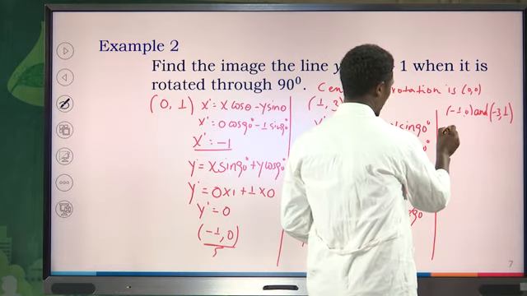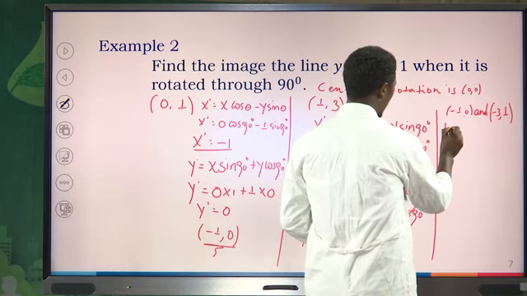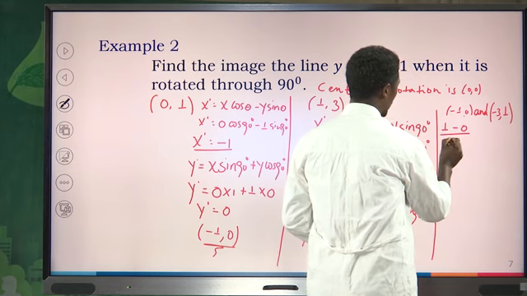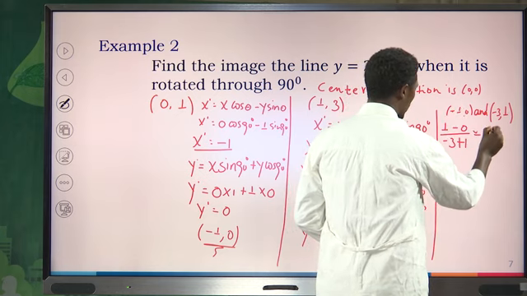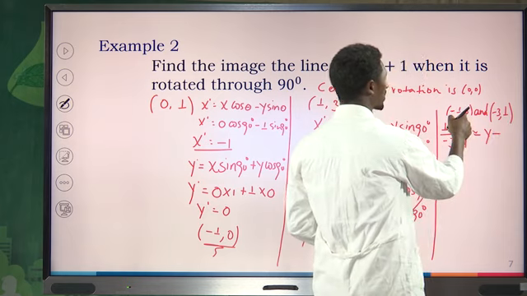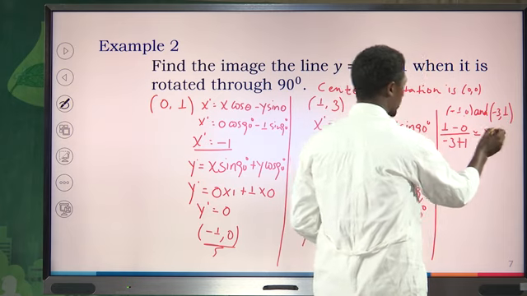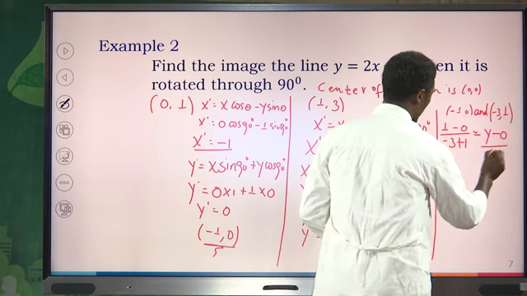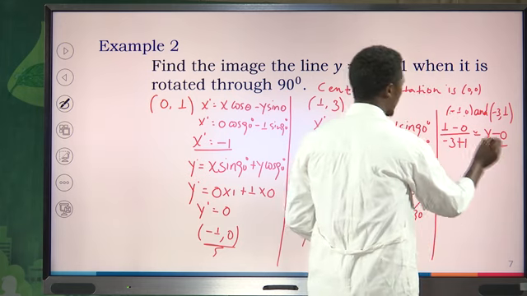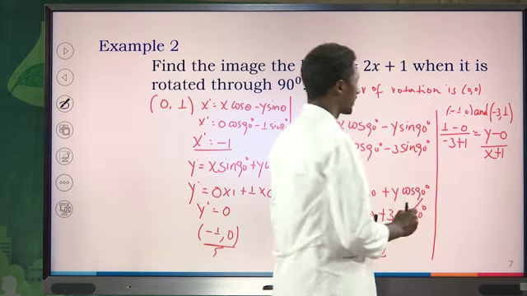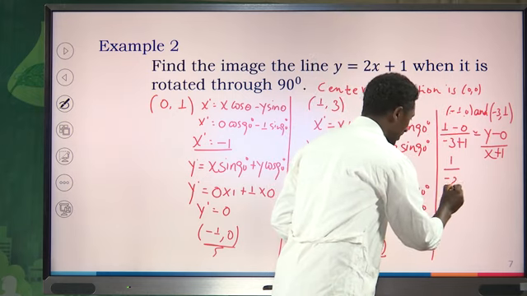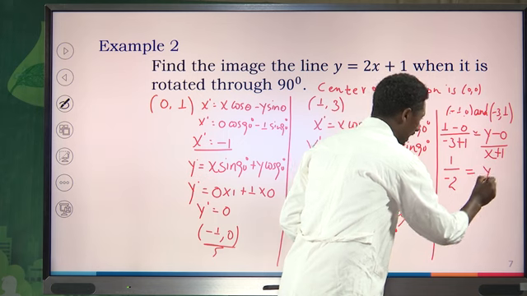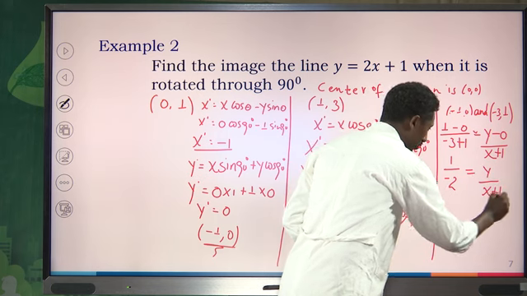We can write (y minus y1), that is (1 minus 0) over (minus 3 minus of minus 1), that's minus 2, equals (y minus 0) over (x minus of minus 1), that's x plus 1, taking the first point. So the slope of this line is 1 over minus 2, equals y over x plus 1.